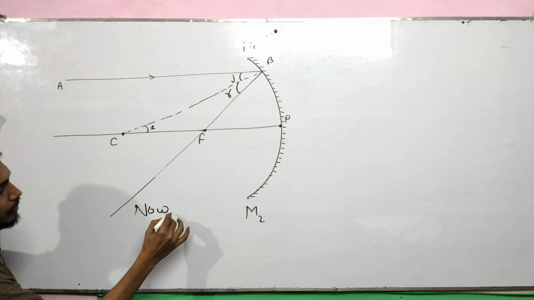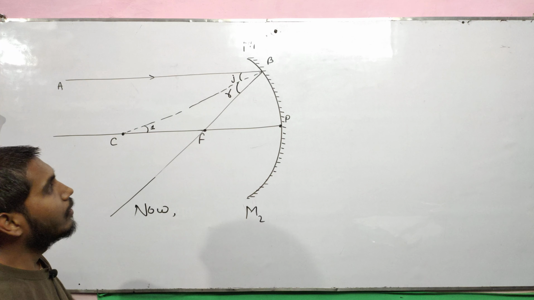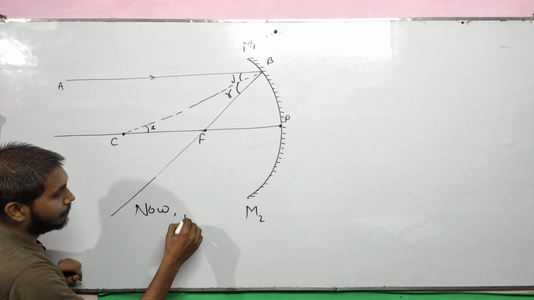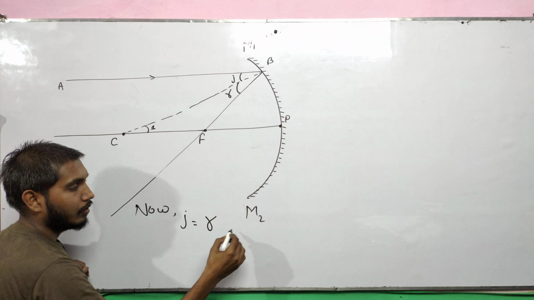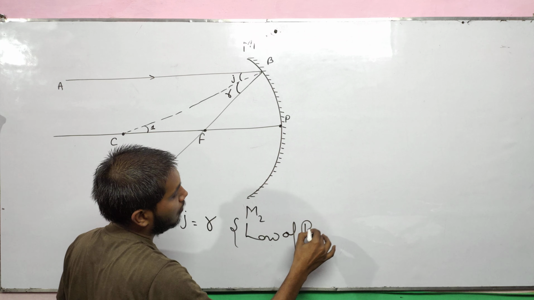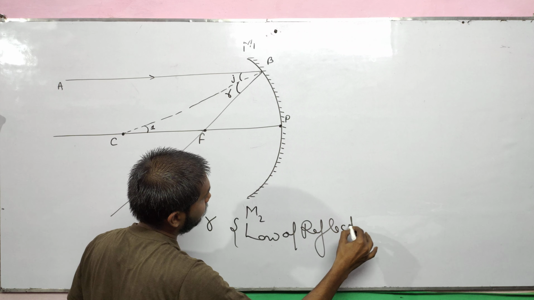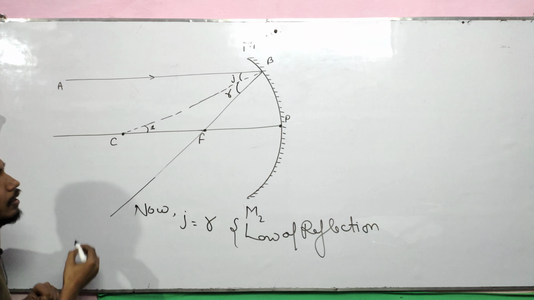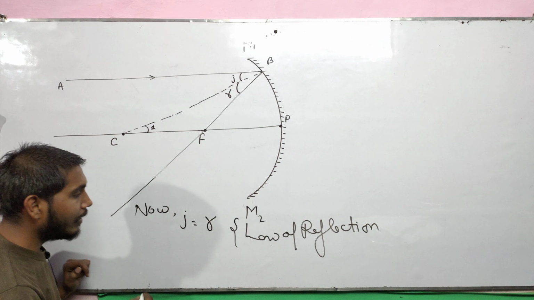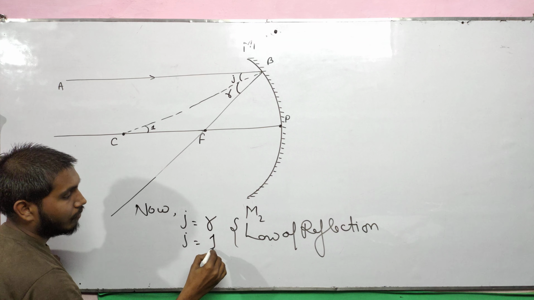Now we see, beta, angle I equals angle R. Reason: law of reflection. Angle 1 equals I. Why?